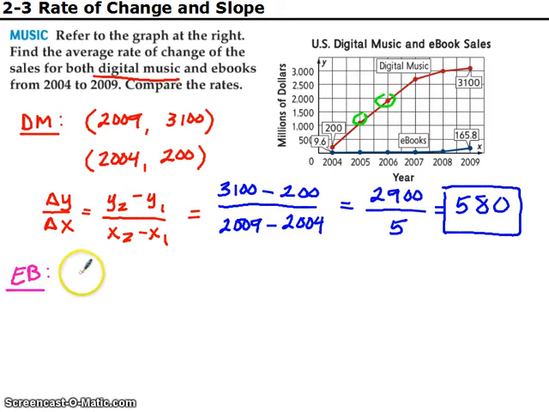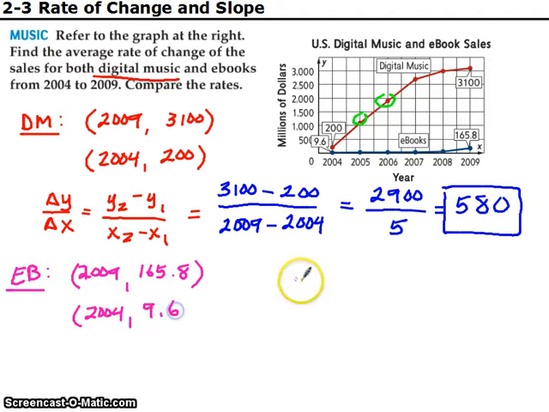All right, so ebooks, they gave us 2009 is 165.8. And 2004 is 9.6.